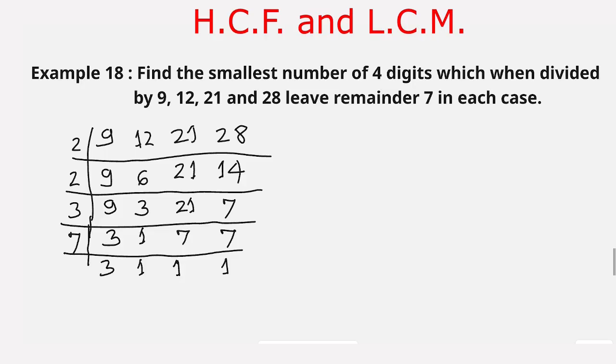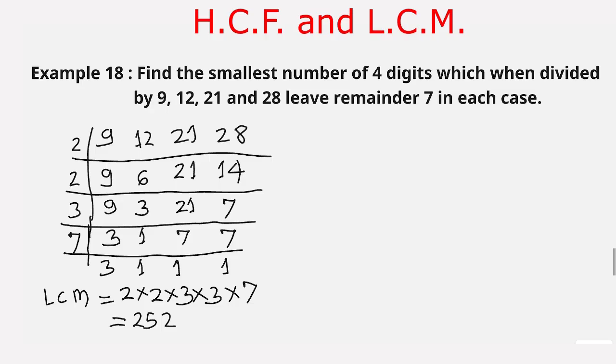So our LCM is 2 multiplied by 2 multiplied by 3 multiplied by 3 multiplied by 7. 7 times 3 is 21, times 3 is 63. 63 times 2 is 126, and 126 times 2 is 252.